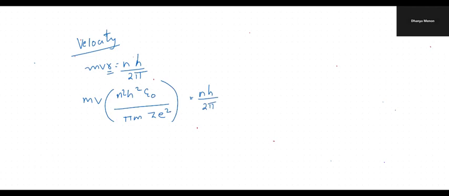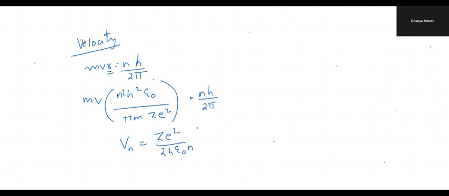Now when we cancel the common terms, the value of velocity in the nth shell comes to z e square by 2h epsilon naught n.